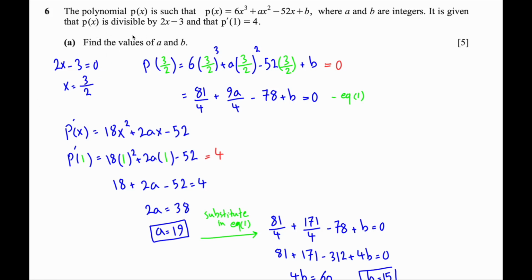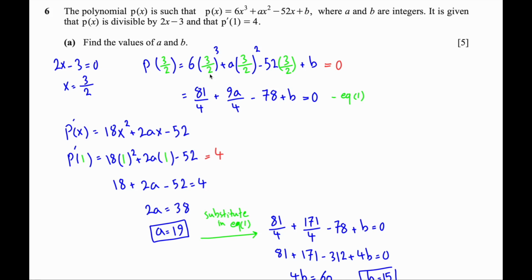If p(x) is divisible by 2x minus 3, then according to the factor theorem, the root of this, which is x equals 3 over 2, should make my polynomial equal to 0. So I'm just going to go ahead and replace all the x's in my original equation of the polynomial with 3 over 2.